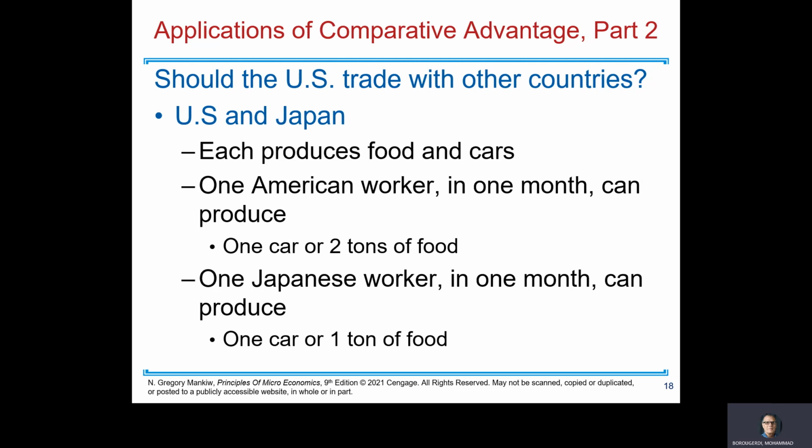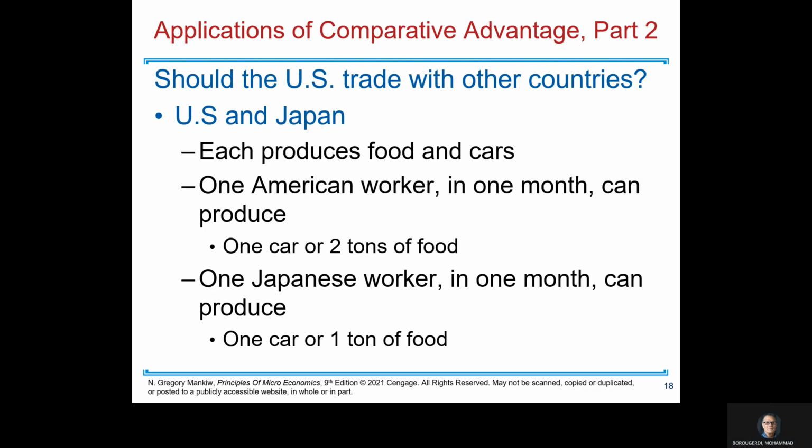Okay, this is another example. Just do it as practice on your own. Let's say these two countries only make food and cars. One American worker can make one car in one month on average, and he can make two tons of food in one month.